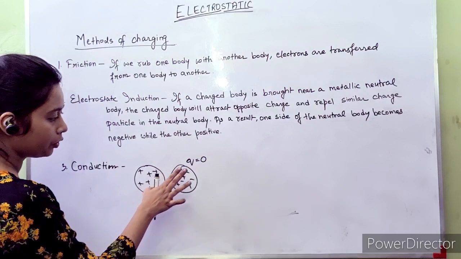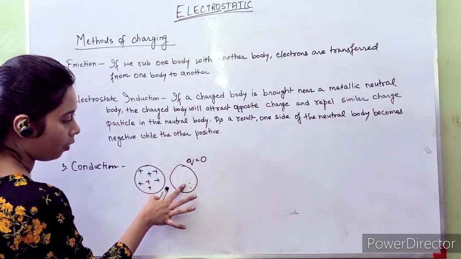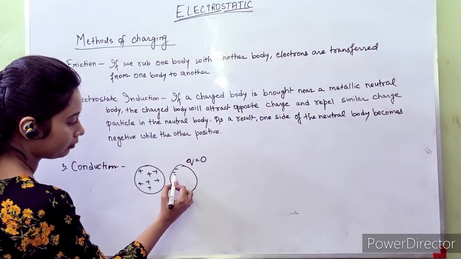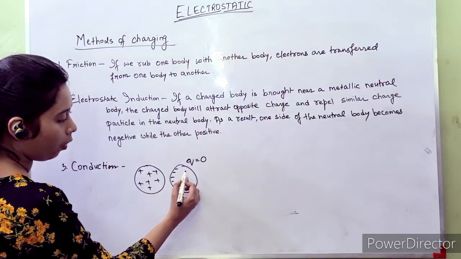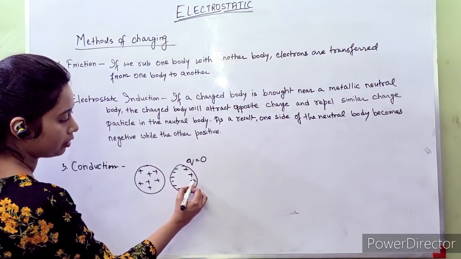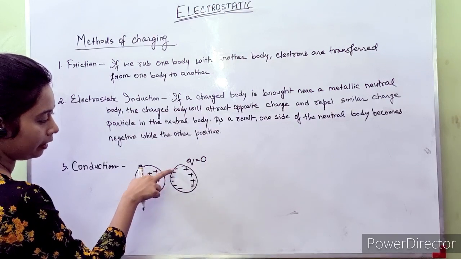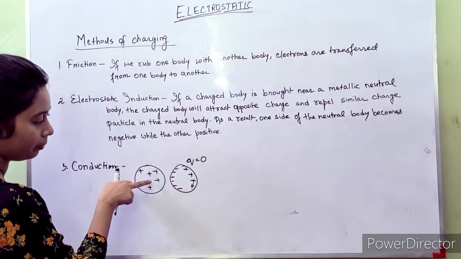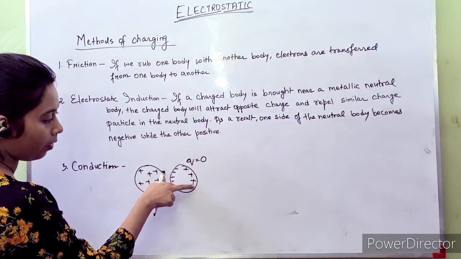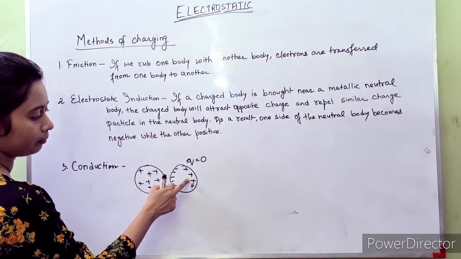The positive charge will attract all the negative charges and will repel all the positive charges. So ultimately, the negative charge will come on this side towards the charged body, and the positive charge will move away from this body.